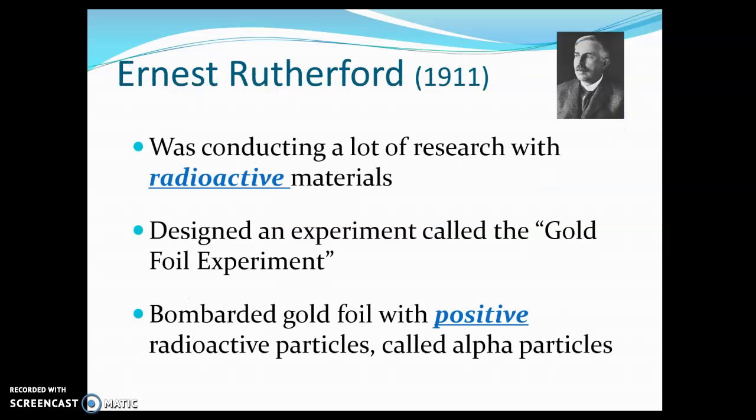Next comes Ernest Rutherford. He was conducting a lot of research with radioactive materials, and he designed an experiment called the gold foil experiment. So again, keywords that you should have if you did this guy. He bombarded gold foil with positive radioactive particles called alpha particles.